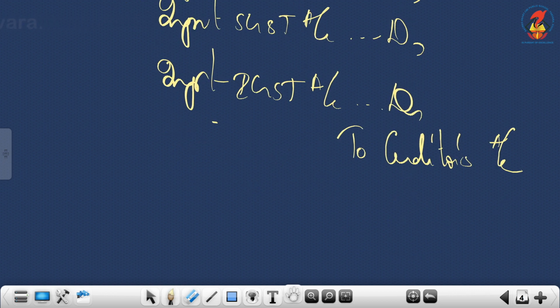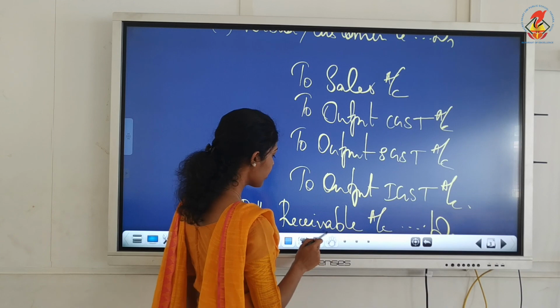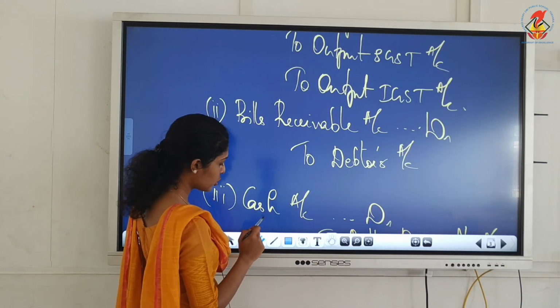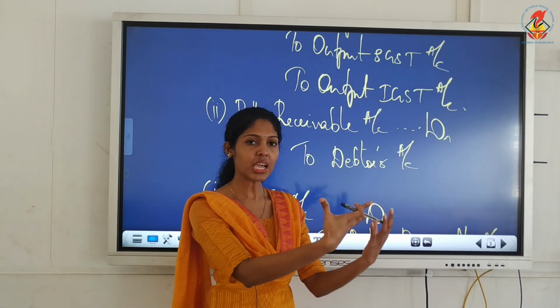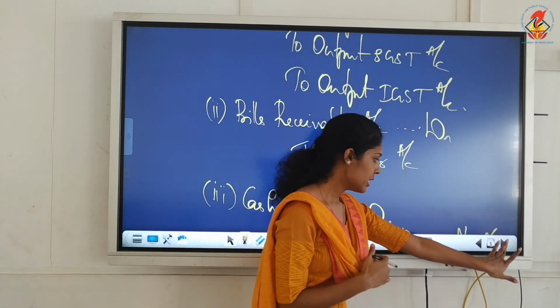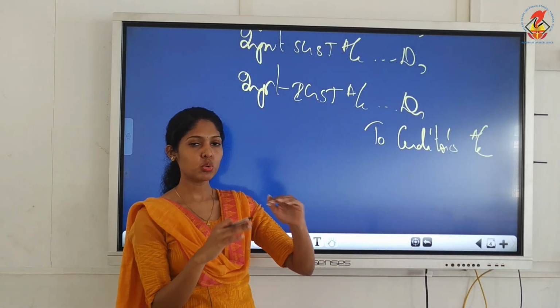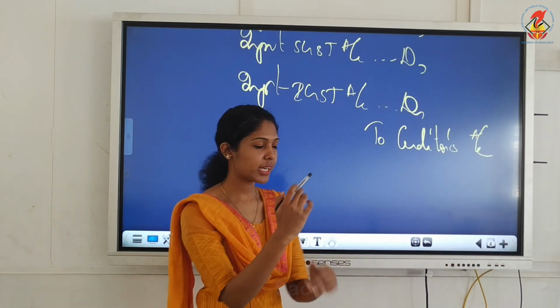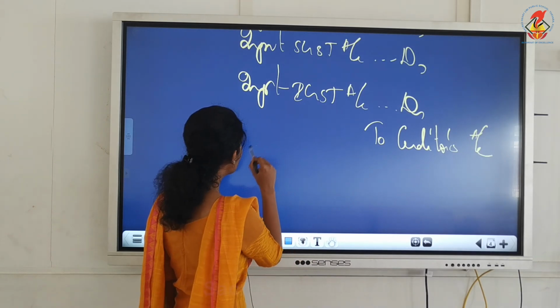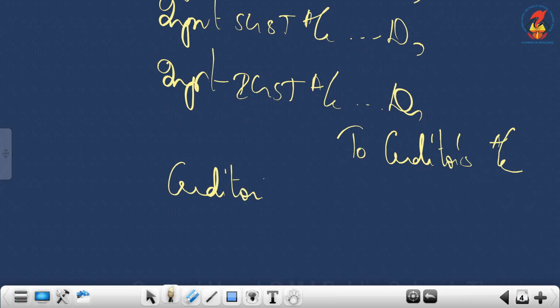Then the second entry. In the books of drawer, we wrote bills receivable debtor to debtors. That means we are getting the bill, whereas from Rahul's point of view, he is giving the bill. So that is bills payable, and to whom is he giving? To creditors he is giving.